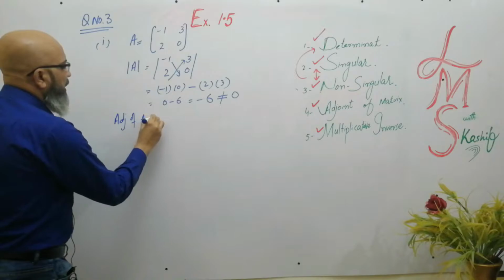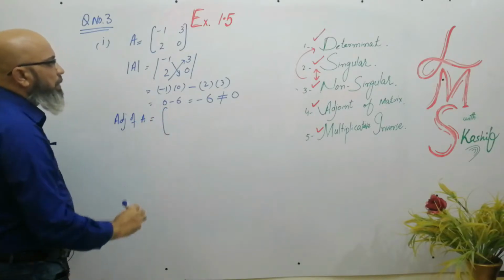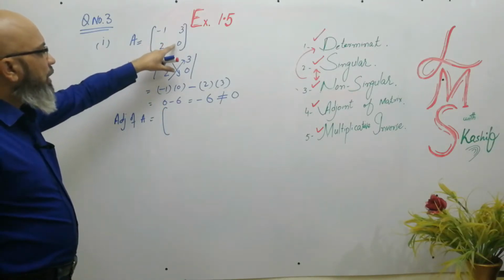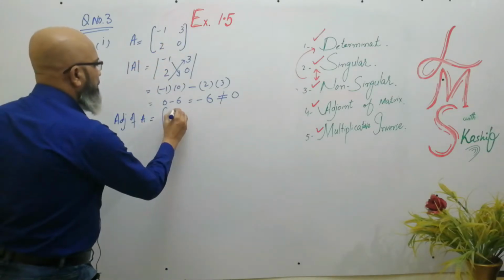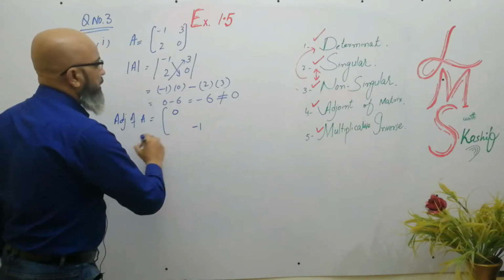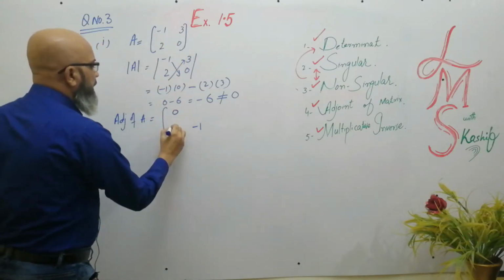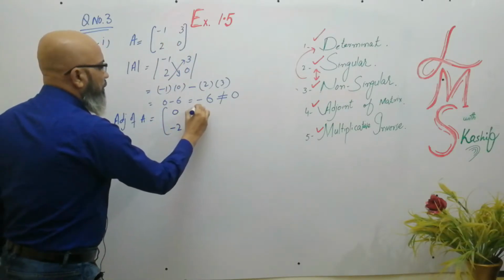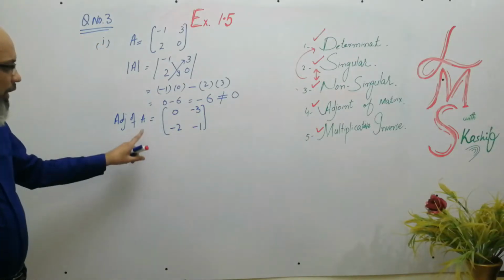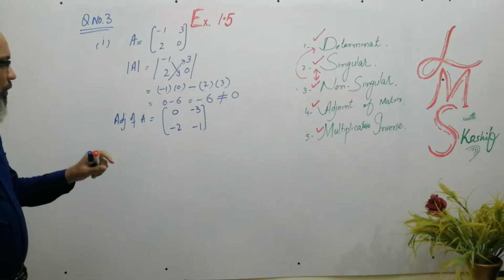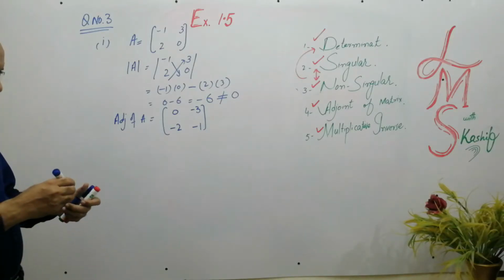Adjoint of matrix A: if you remember, we will change the place of these two elements, 0 and -1, and we will change the sign of these two entries. So that is your adjoint of A.